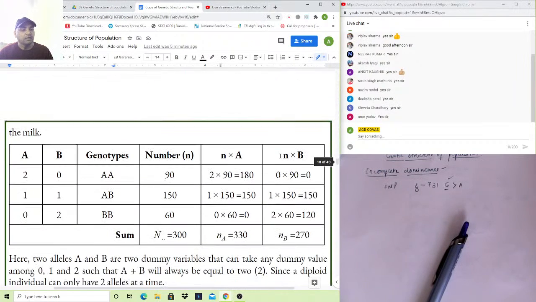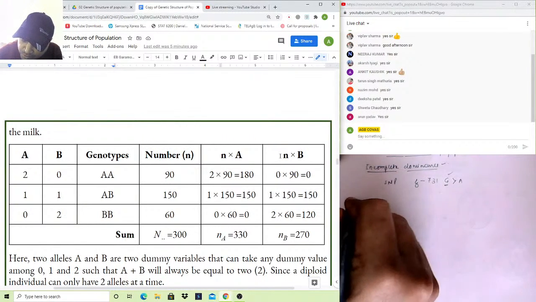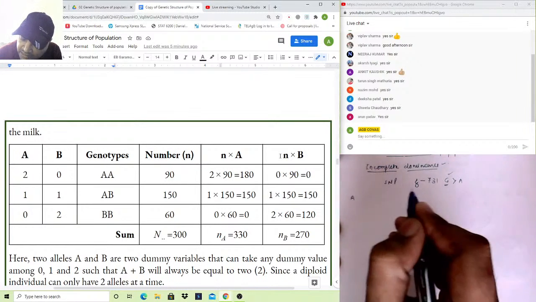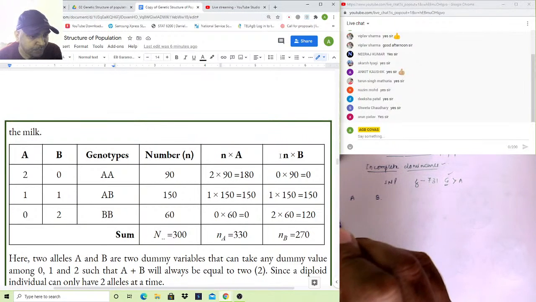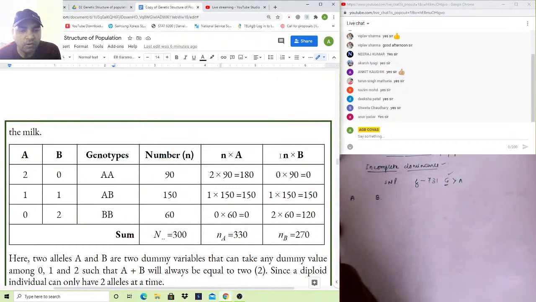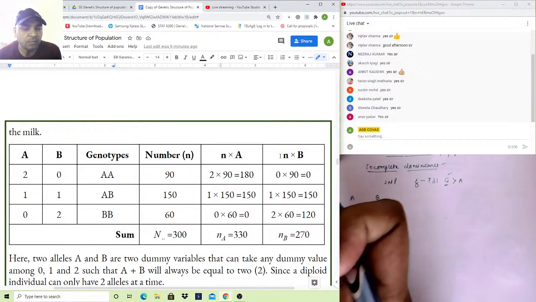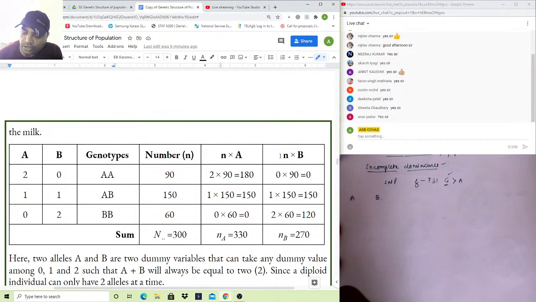So now, what is this method of the dummy variable? Okay, so what we will be doing, we will be making a table here. This stands for the first allele, this stands for the second allele. Now we know that because we are considering the genetic structure in the population, we are considering a diploid organism, and in a diploid organism you will always have two alleles at a time.